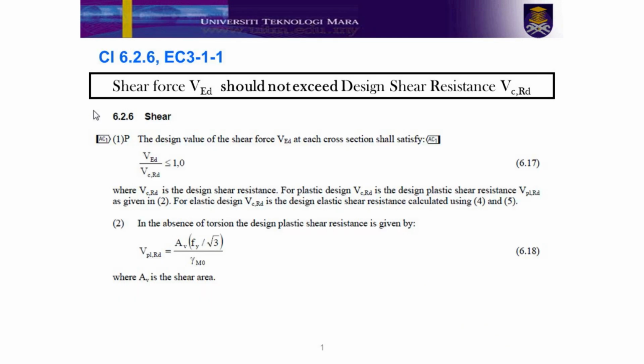The design value of the shear force VED at each cross-section should satisfy clause 6.2.6, equation 6.17, EC3 Part 1.1, where VC,RD is the design shear resistance. For plastic design VC,RD is the design plastic shear resistance VPL,RD as given in equation 6.18. However, for elastic design VC,RD is the design elastic shear resistance calculated using equation 6.19 and 6.20 in EC3 Part 1.1.